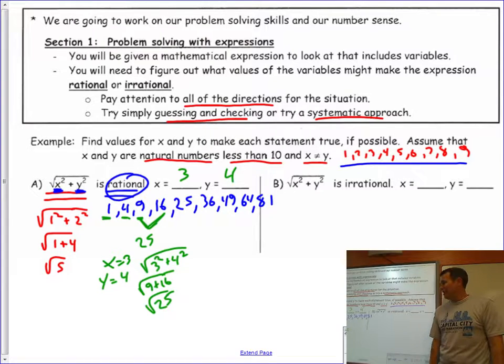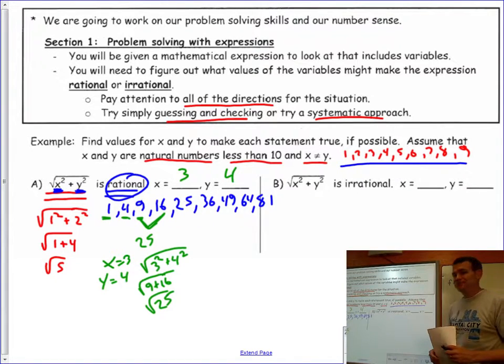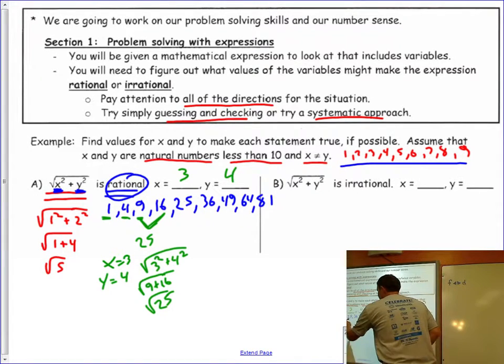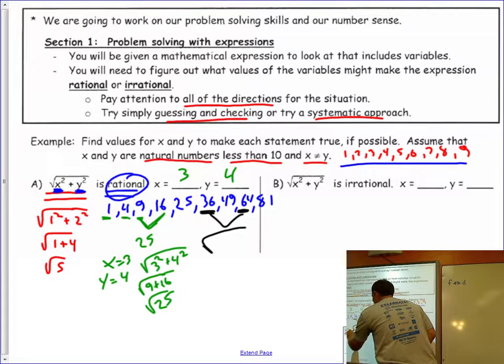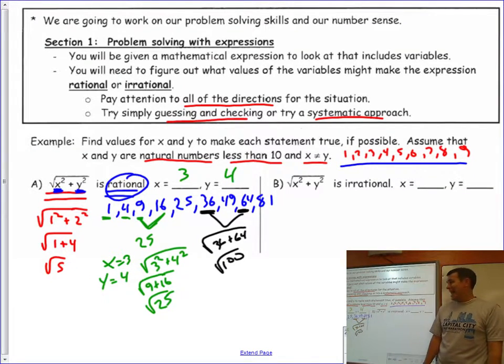There's a couple more numbers in there that when you add them together, you get a perfect square. Can you find them? 36 and 64 add up to 100, which is a perfect square.